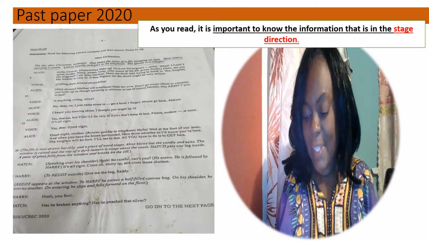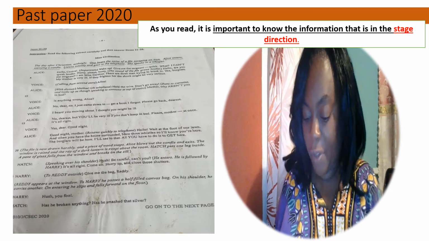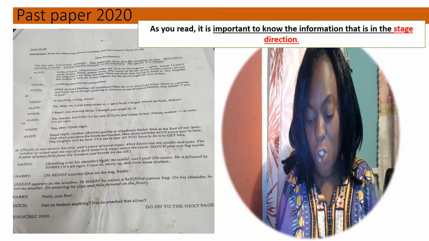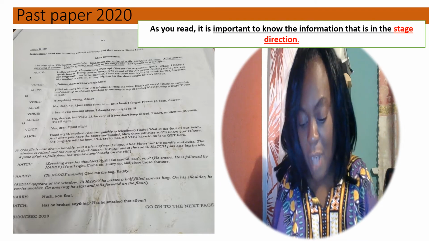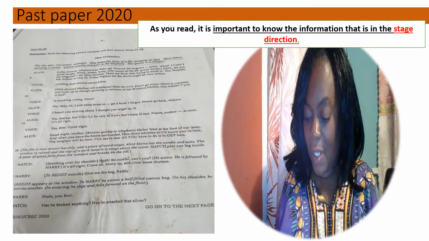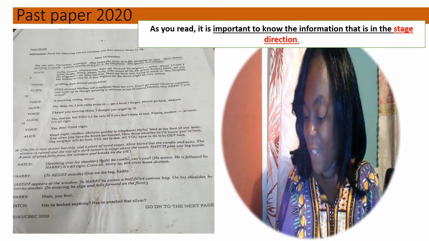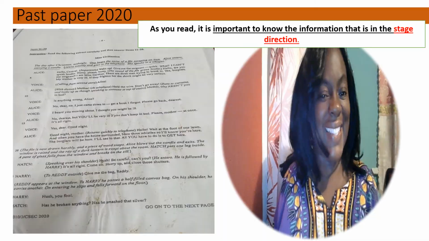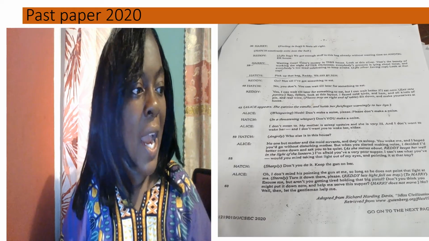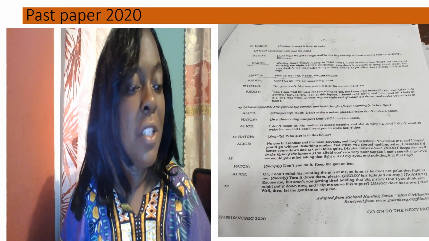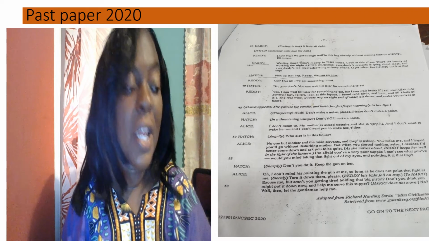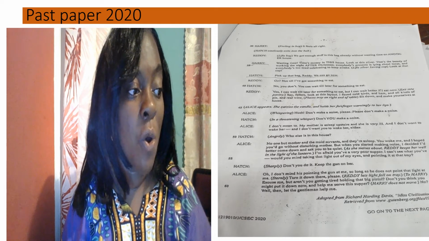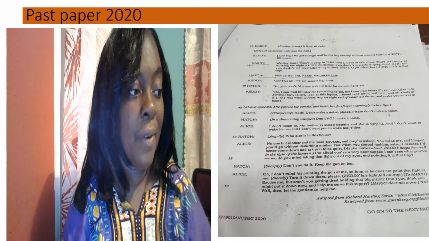On entering, he slips and falls forward on the floor. Harry: Hush, you fool. Hatch: Has he broken anything? Has he smashed that silver? All right, it feels all right. Hatch cautiously exits into the hall, lifts bag.